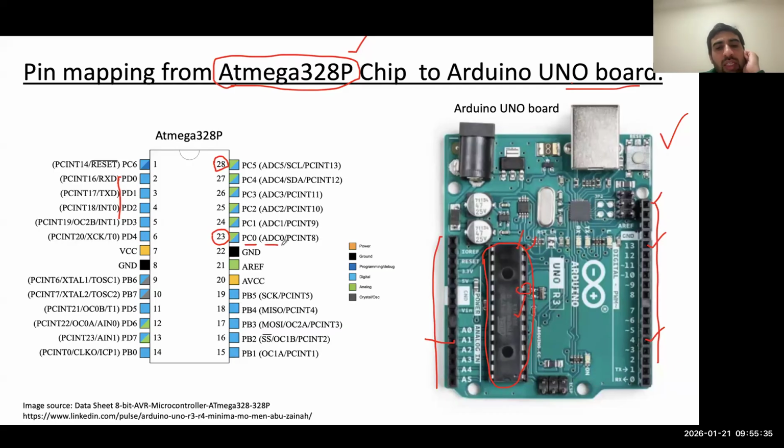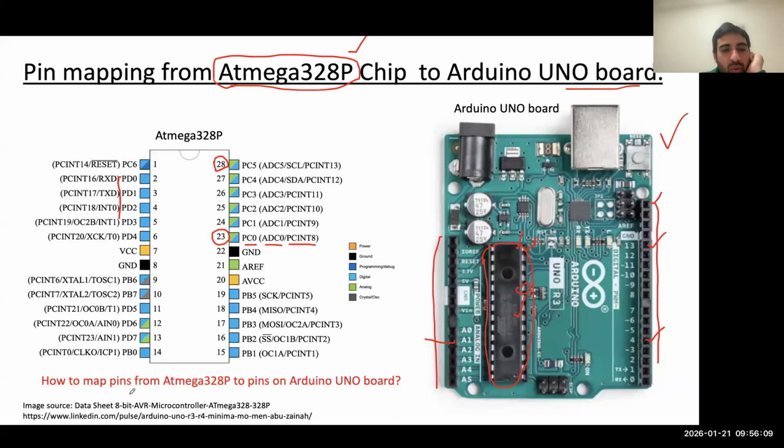You can use it as an analog input pin of the analog to digital converter. Later in the course you will learn what an analog to digital converter is and how it is used. Or you can use this pin as an interrupt pin, interrupt pin 8. So it has three different purposes, and which particular purpose it is used for depends upon how you have programmed a particular register in the microcontroller.